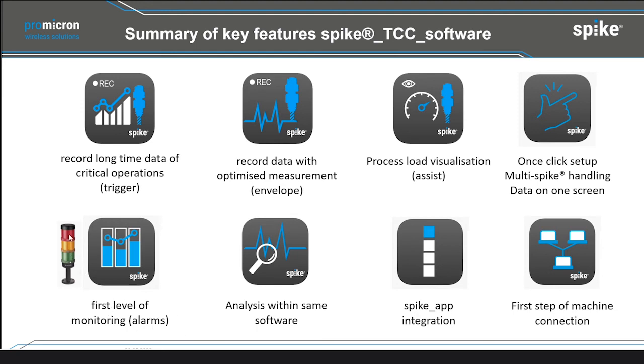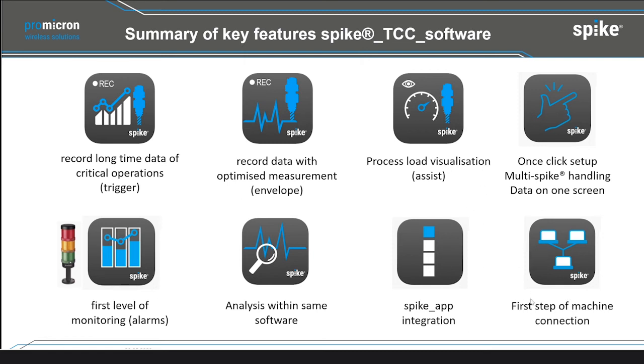You can use the lamp or even the app with a Spike app integration. We can record data with optimized measurement with the envelope curves. We have started to include the analysis software in the same software. The Tool Control Center software will also be used for the assist set to visualize the process load.